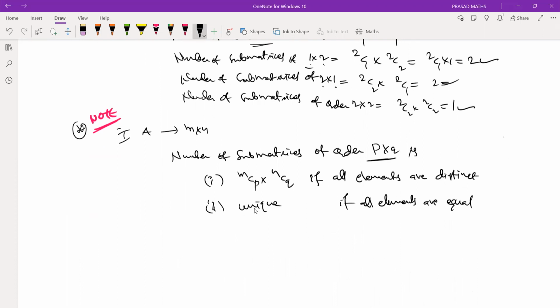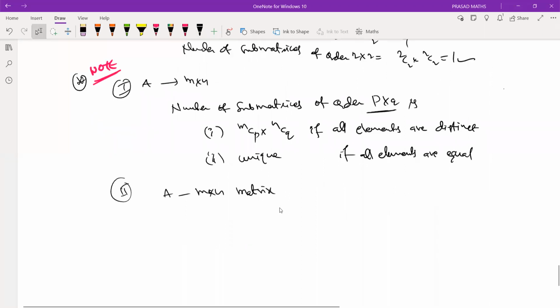This is my first note. Right. Suppose A is an M by N matrix. Right.